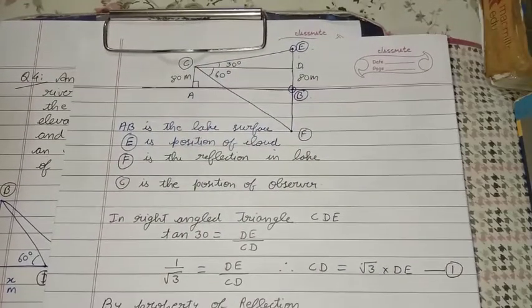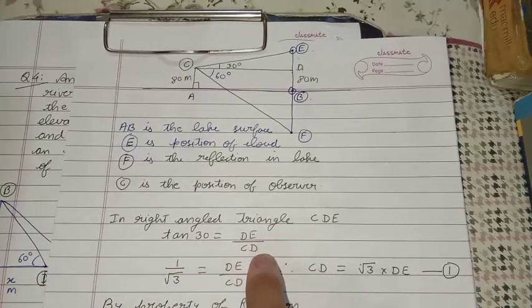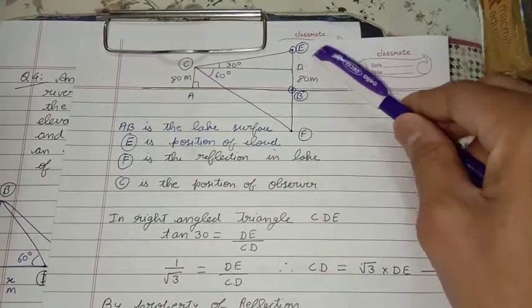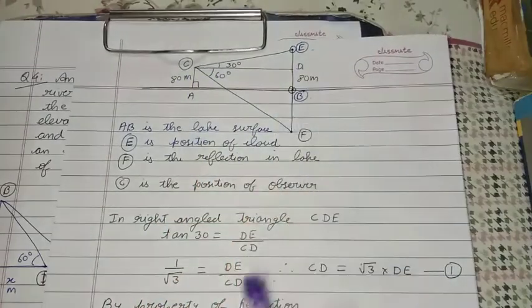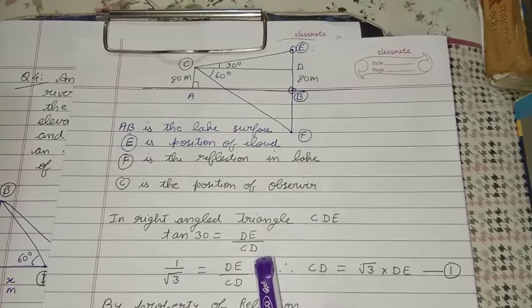Now tan of 30 degree is equal to opposite side upon adjacent side. Opposite side here is DE, upon adjacent side CD. So that's what is written over here, tan 30 is equal to DE upon CD.